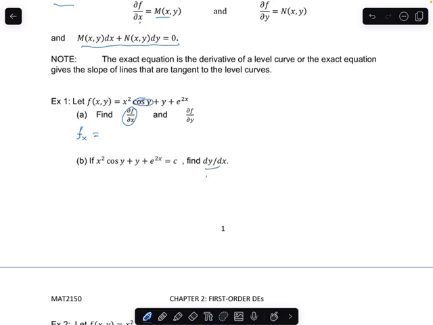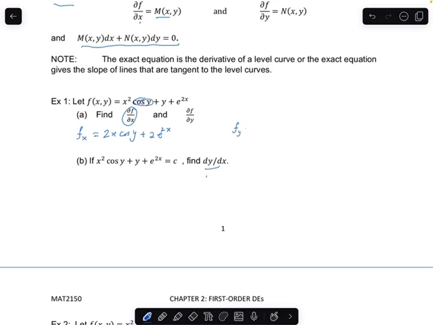We just differentiate x squared, which is 2x, so I get 2x times cosine of y plus the next term is y, so the derivative of y with respect to x will be 0 because we treat y as constant, and then plus e to the 2x, so the derivative is 2 times e to the 2x.